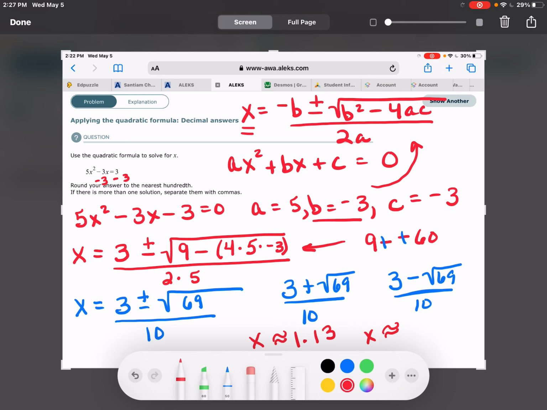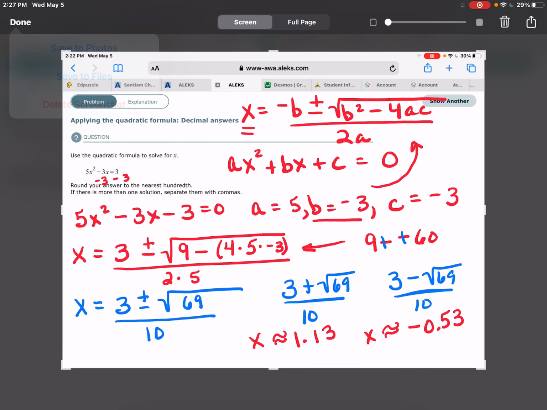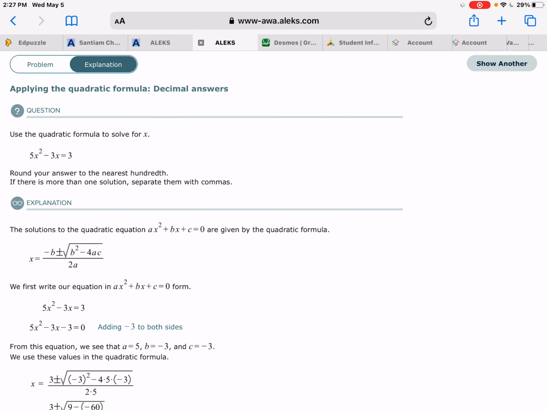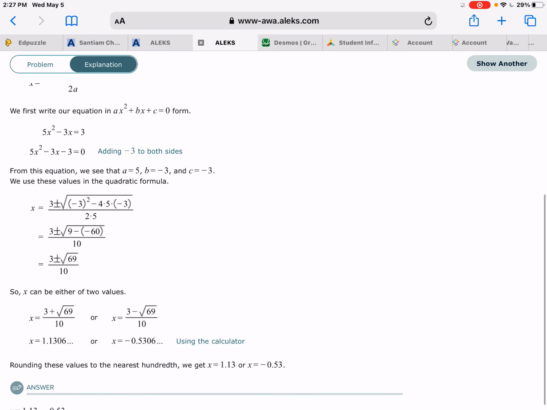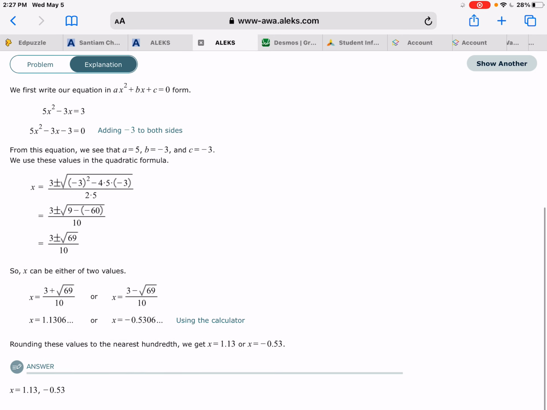We're dividing that by 10, which moves our decimal to be a negative 0.53. The next number is a 0, so we won't round the 3 up. So those are our two answers. Let's go back to the explanation to double check that. You can see them using the quadratic formula there. And there are the answers, same as we got.